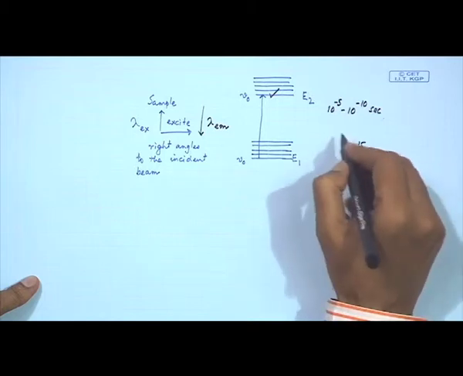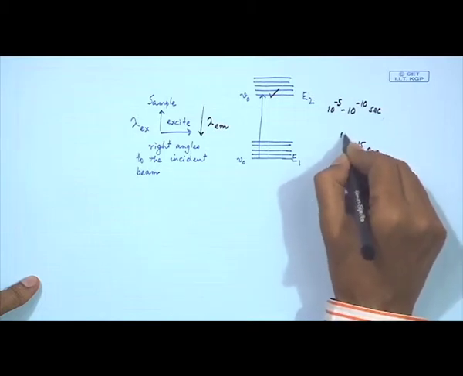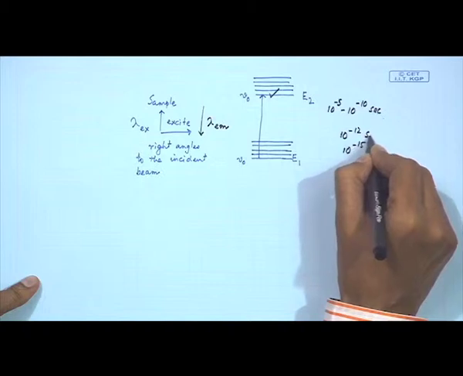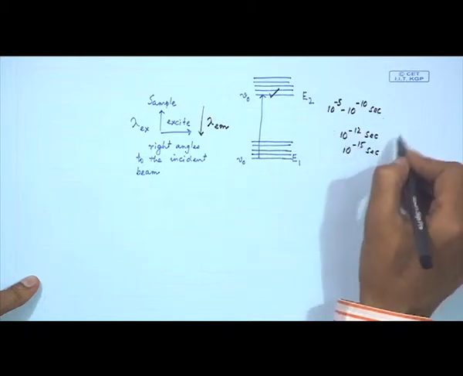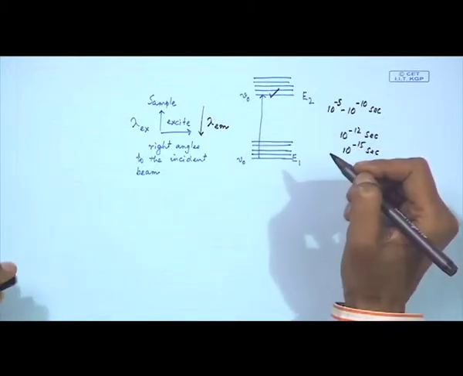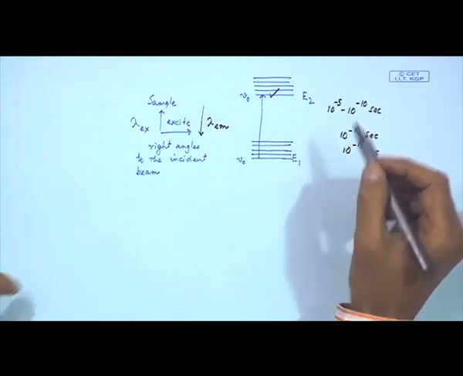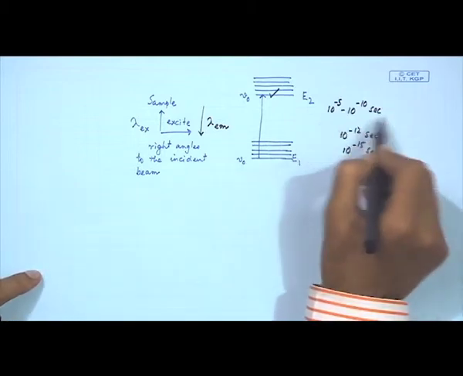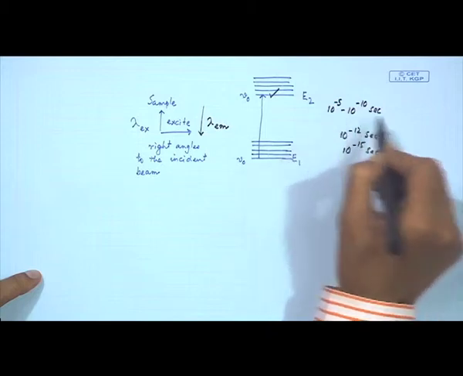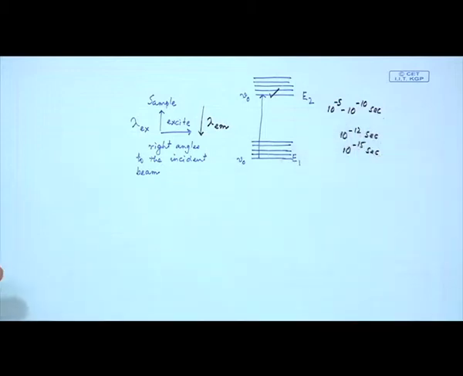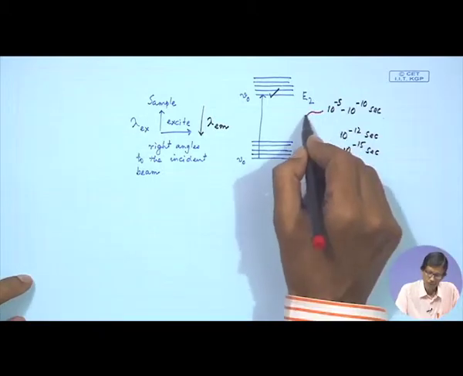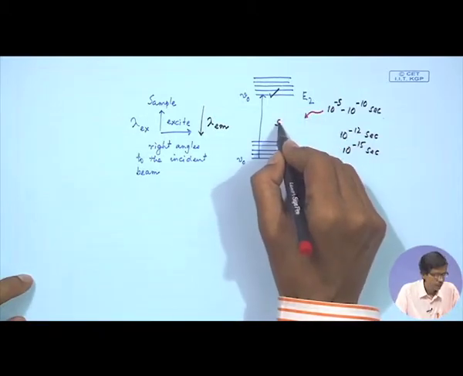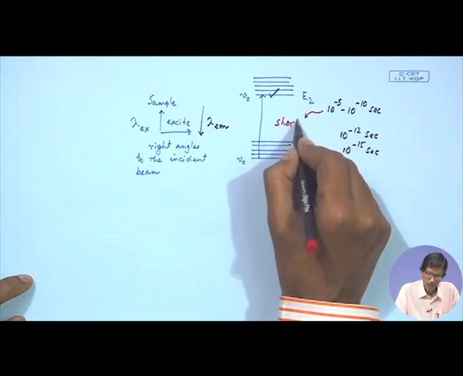So, in between, something is happening in the range of 10 to the power minus 12 or 10 to the power minus 11 second. This is not a very long lived species, so we consider the lifetime of this species in the excited level as short lived.